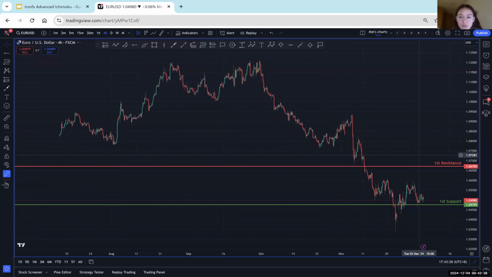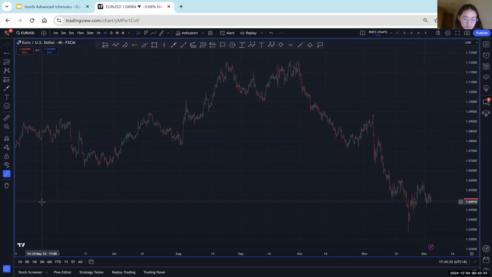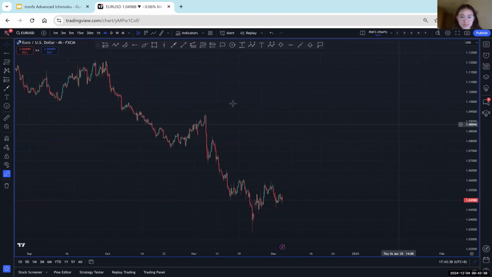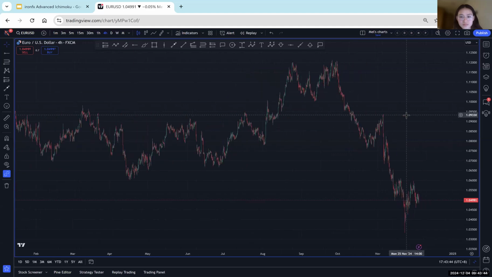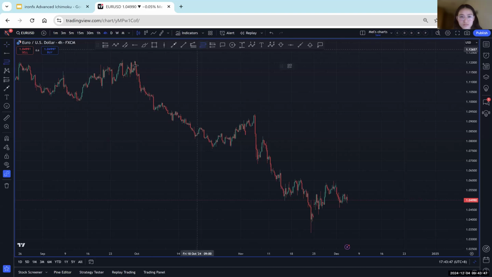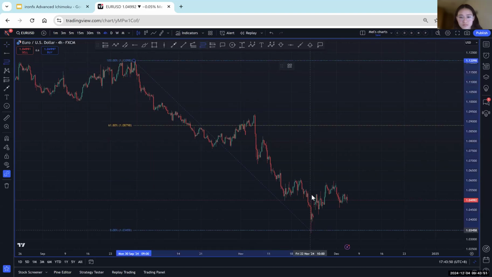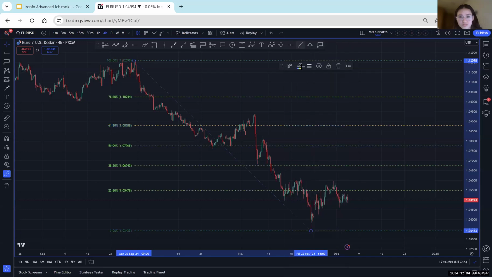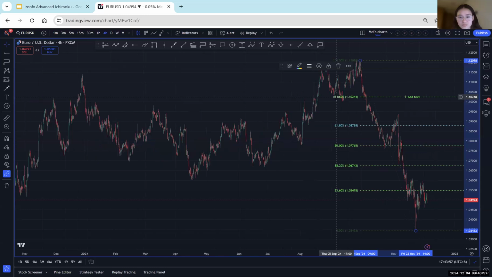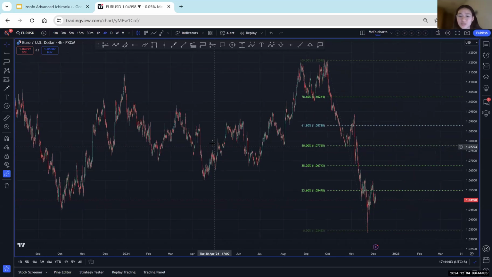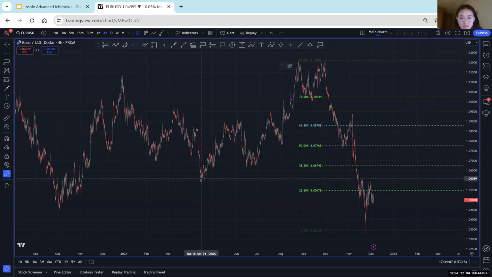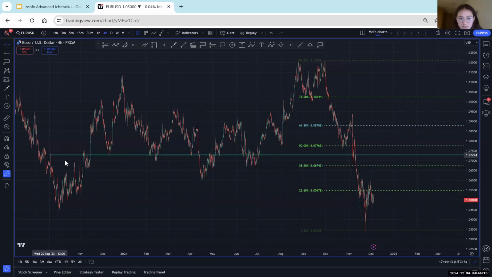Okay, now on our 4 hour time frame, yeah, I just really wanted to quickly look at any retracement levels that might line up with any swing lows or swing highs. Okay, yeah, 38.2 lines up nicely.